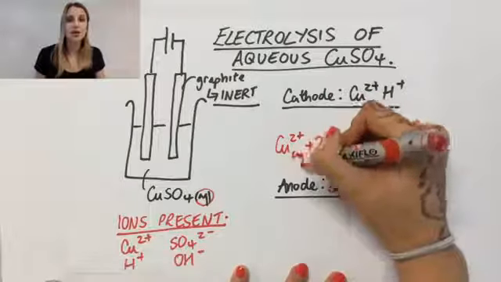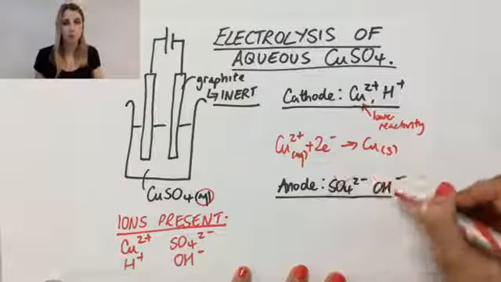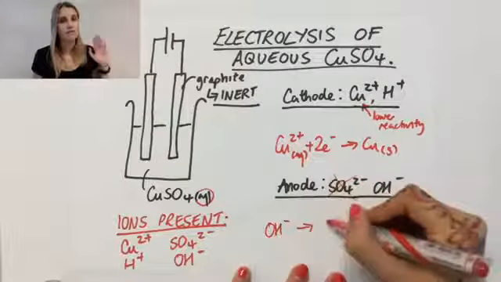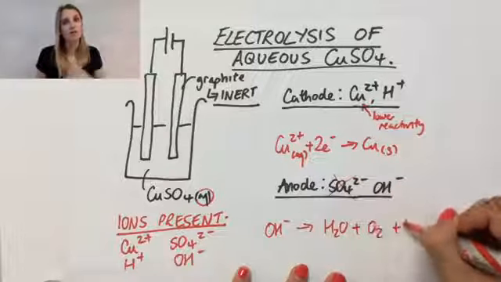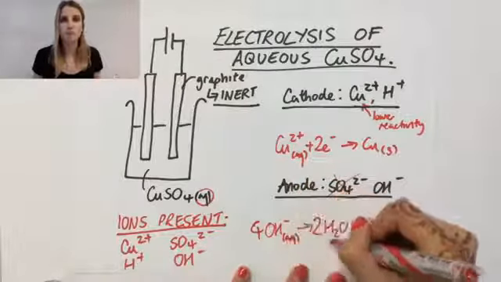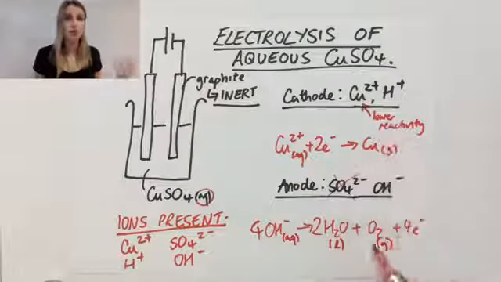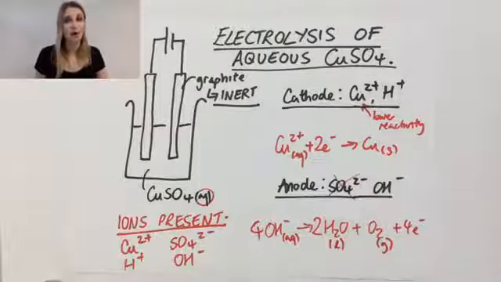So you end up with Cu2+ picking up 2 electrons to become copper. At the anode, you have the choice between the sulphate and the hydroxide, but the sulphate never gets discharged. So that must mean that the hydroxide will get discharged to produce both water and oxygen in this equation here.